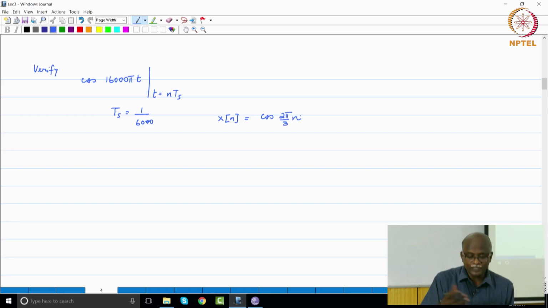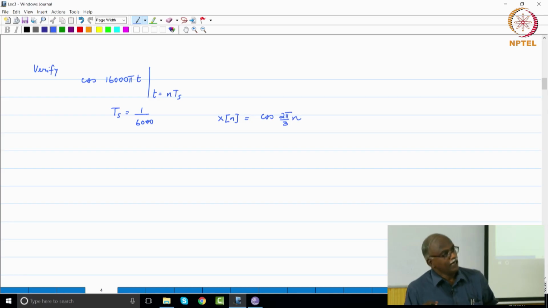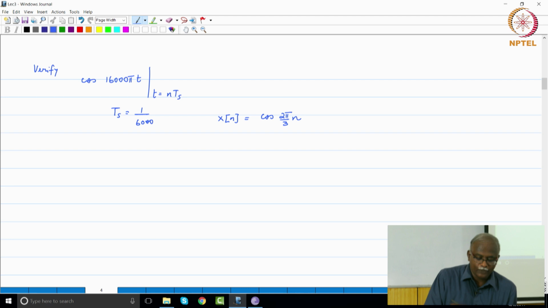So, obviously, we can see an example of aliasing, and there are an infinite number of such frequencies that are going to map to cosine 2 pi by 3 n. So, therefore, the statement that was made is that the unique representation between continuous time and discrete time is valid only if the Nyquist criterion is satisfied. Okay. So, if the Nyquist criterion is not satisfied, let me give you the reverse condition.